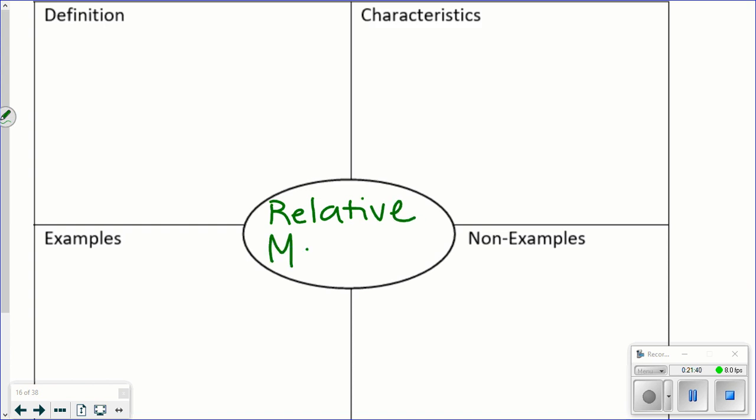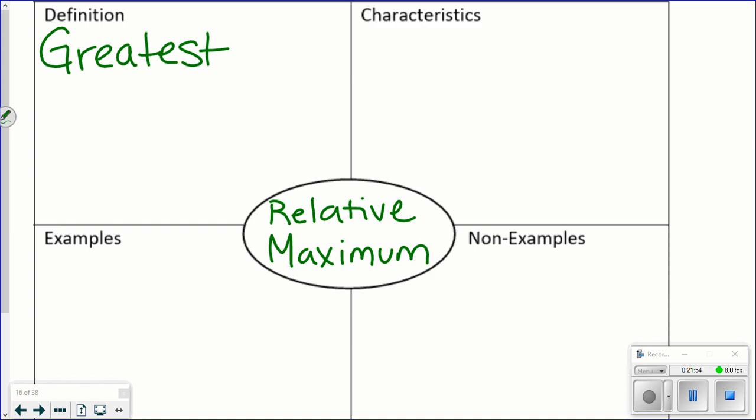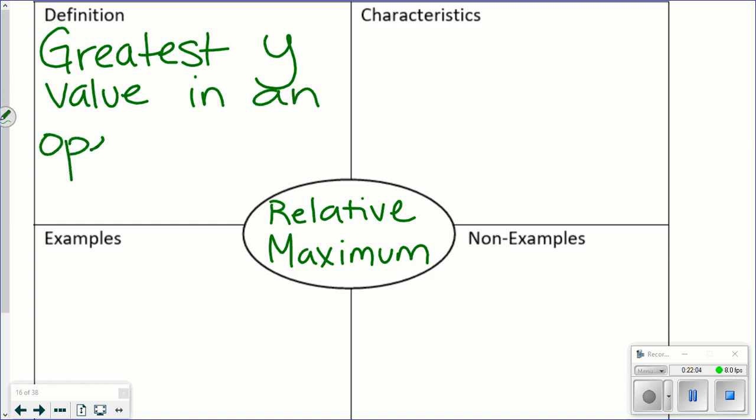Relative maximum: it is the greatest, or the biggest, or the largest, or the highest y value in an open interval.